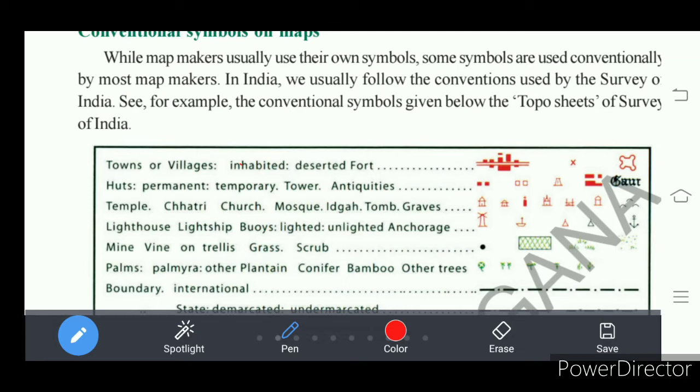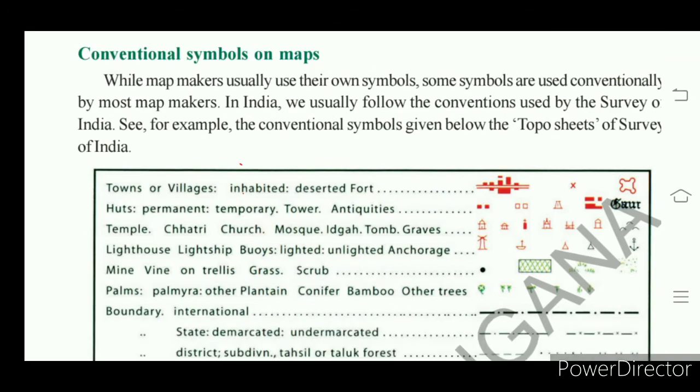These we find in the Survey of India. These symbols we find in every map, so they are called conventional symbols. Here they are shown in the map below.